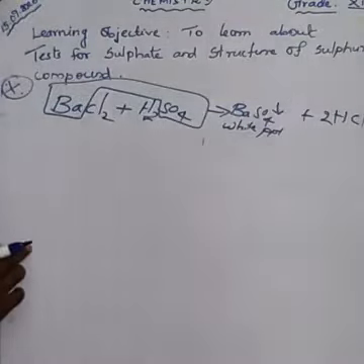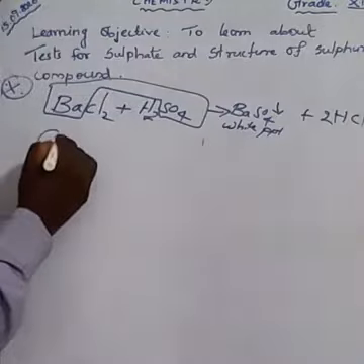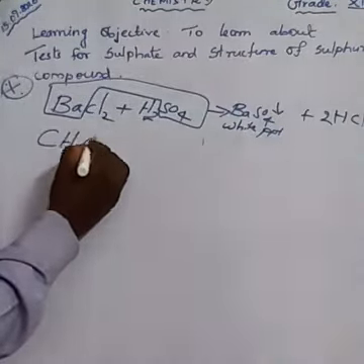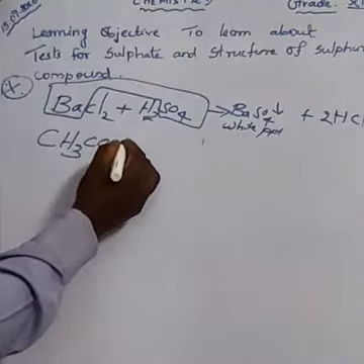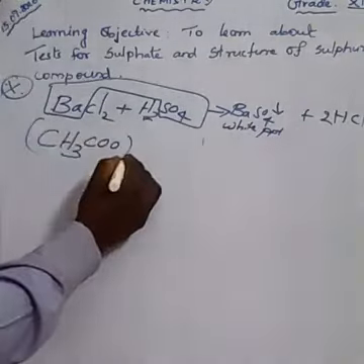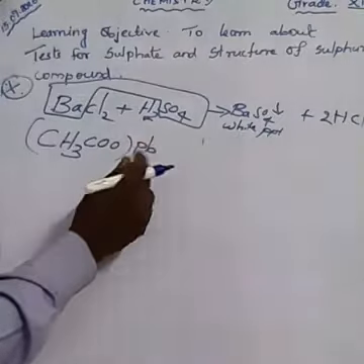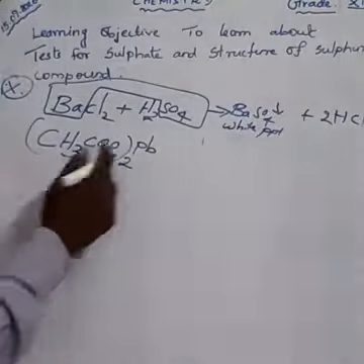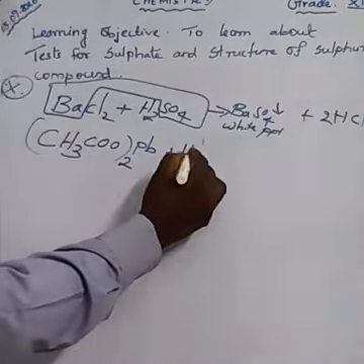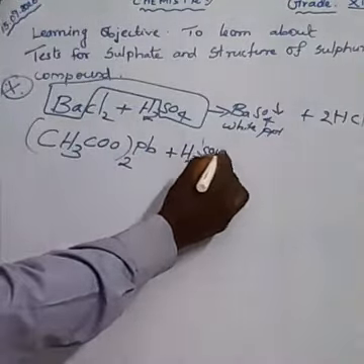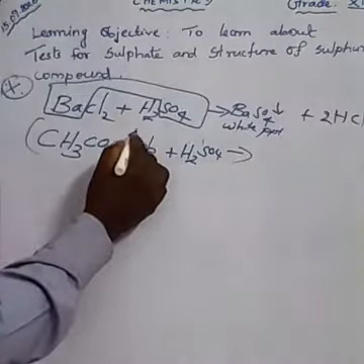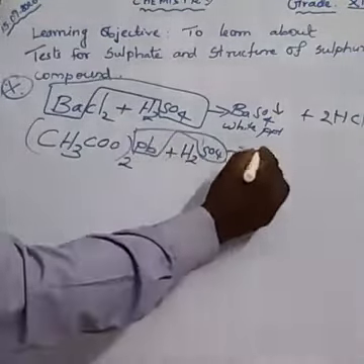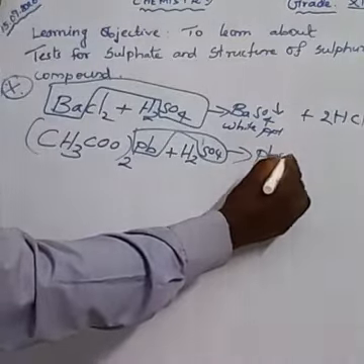The second equation is the reaction between lead acetate and sulfuric acid. The formula for lead acetate is (CH3COO)2Pb. Lead acetate, clear? Lead acetate on reaction with sulfuric acid, the same as that. Lead combines with sulfate to form PbSO4.